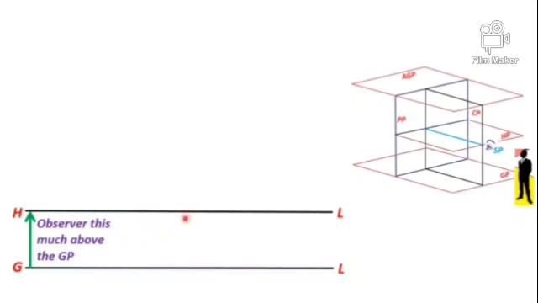So, the horizon line is always at a height which is equal to the observer's height from the ground plane. You will get the elevation of the object or the front view of the object here, which is always above the ground line.